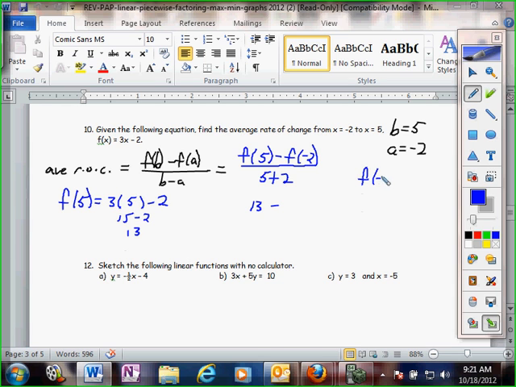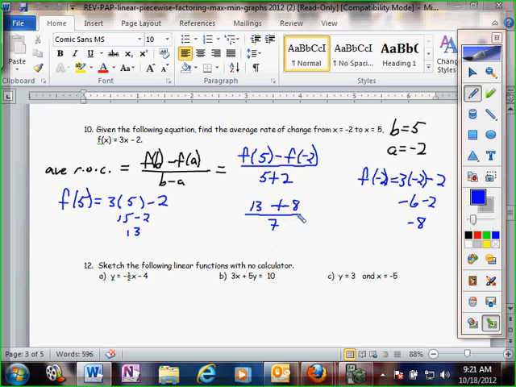F of negative 2 is 3 times x minus 2. Plug the negative 2 in. 3 times negative 2 is negative 6. Minus 2 gives me a negative 8. So minus negative 8 over 7.